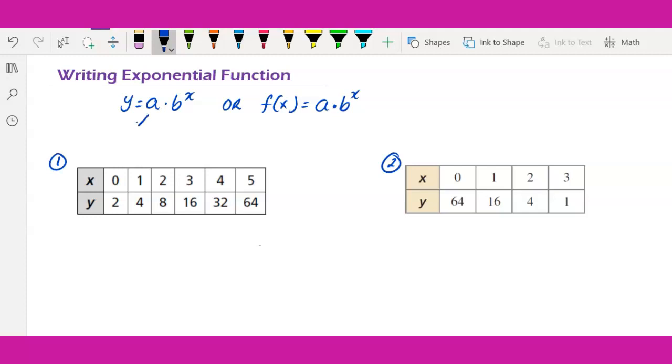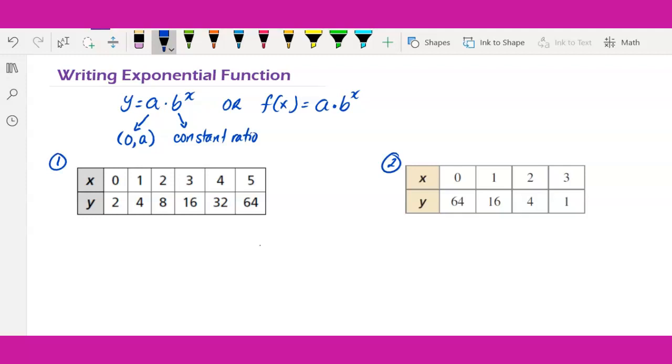Well, you'll find a because it is the value when x is equal to 0. So you have 0 comma a. That's the starting amount. And then b is what you multiply by, the constant ratio.